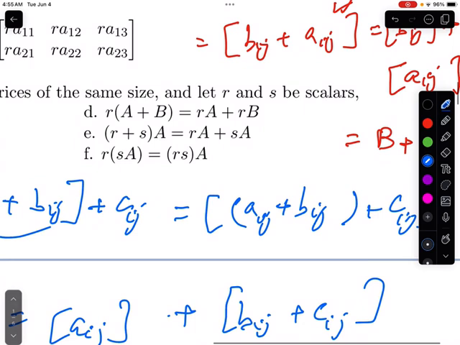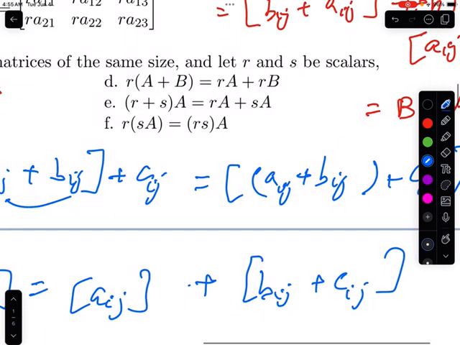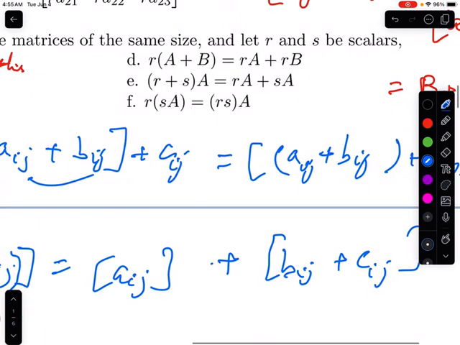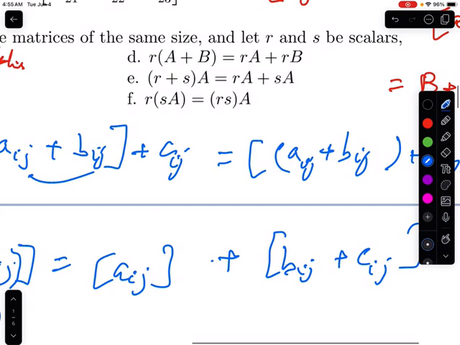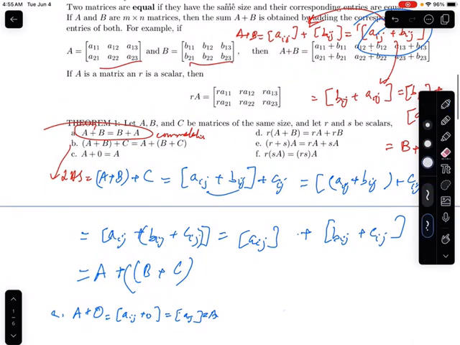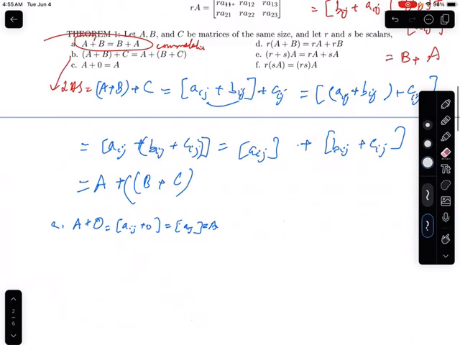So we have to show R into A plus B. So part D, okay, where did my pencil go? Okay, there. Part D is R times (A plus B).